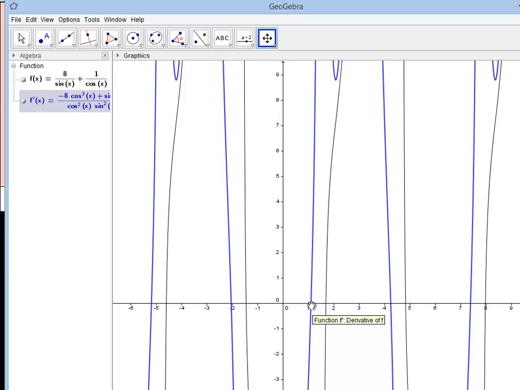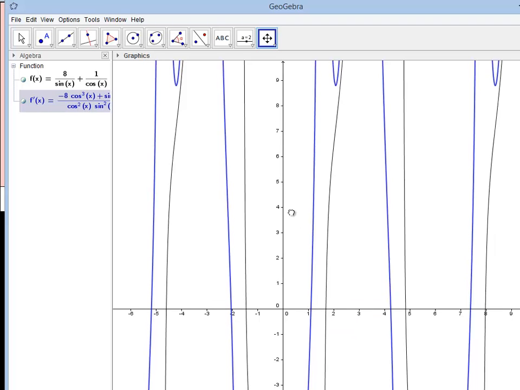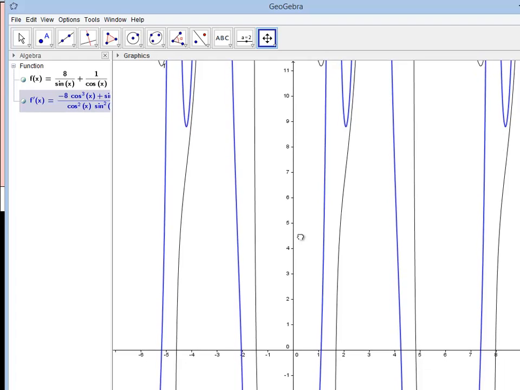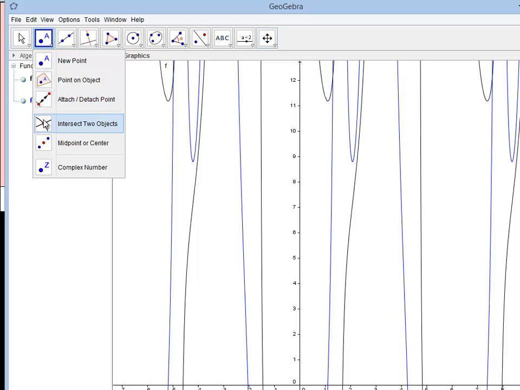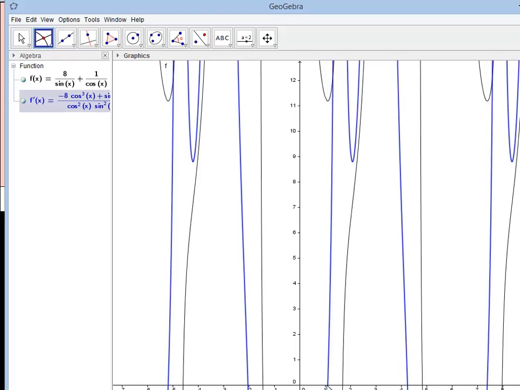So we take that value at the function itself was also 0 here. So let's see. Let me bring this up. Alright, let's find these points. Intersection of these two here.